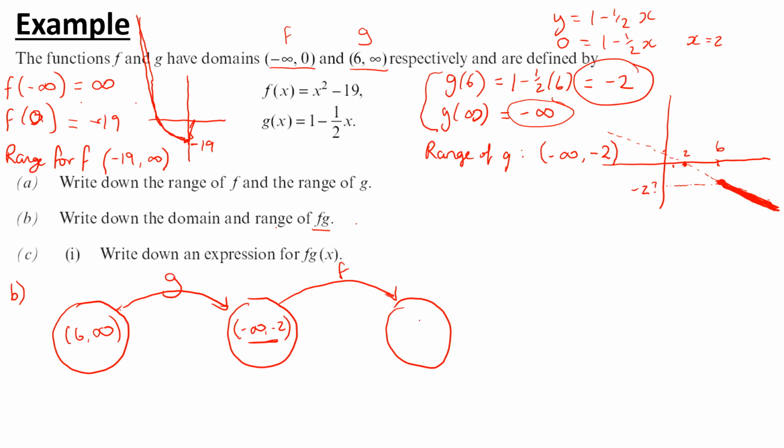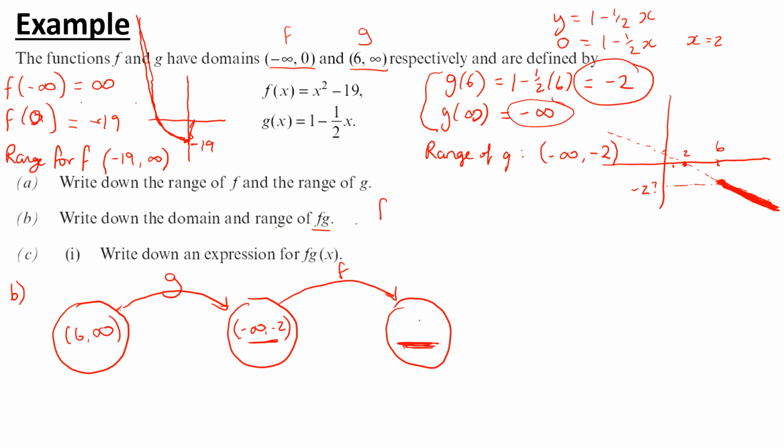Now earlier on, we worked out the range for f was -19 to infinity. But that's not what I'm going to write here, because -19 to infinity was the entire range for f if you put all of the domain in. But now we're only putting from -infinity to -2. So I need to work out what I would get if I put -2 into function f.